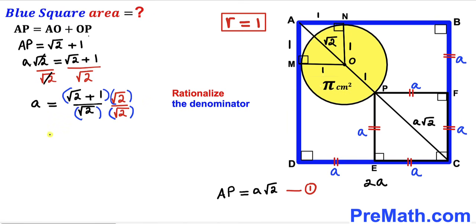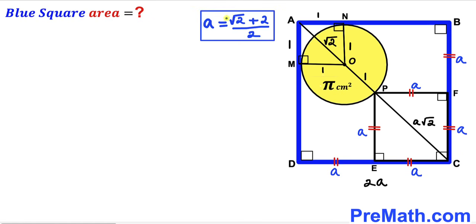So square root of 2 times square root of 2 is going to give us simply 2, plus 1 times square root of 2 is going to give us square root of 2, divided by square root of 2 times square root of 2, which is simply 2. So our lowercase a value turns out to be square root of 2 plus 2 all over 2.